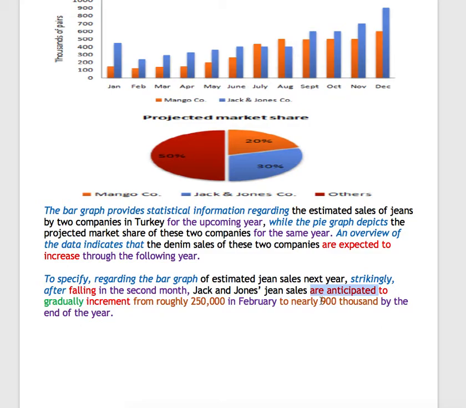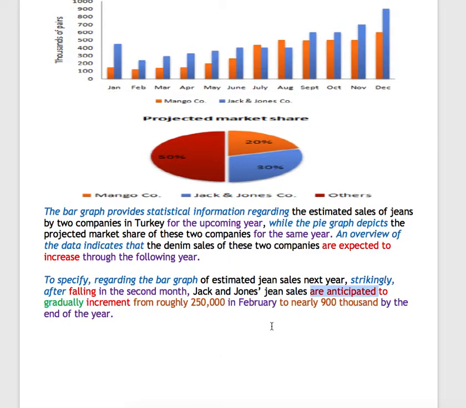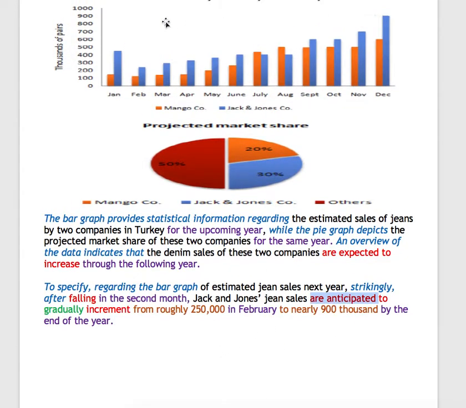That means future. Are anticipated to gradually increment. Doesn't mean rise sharply, it means slowly. From roughly 250,000 in February to nearly 900,000 by the end of the year.